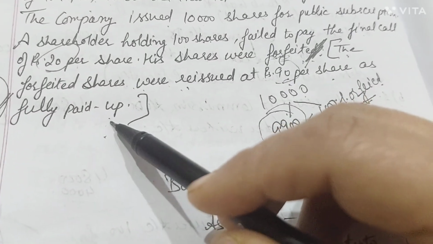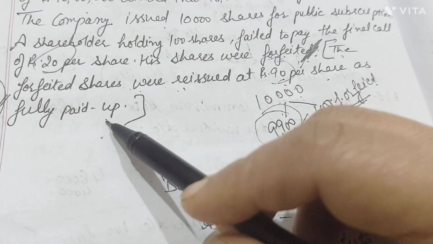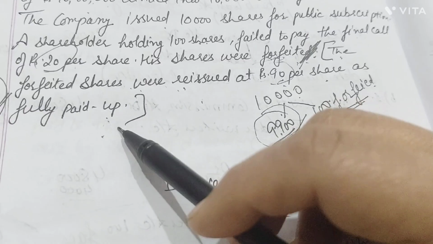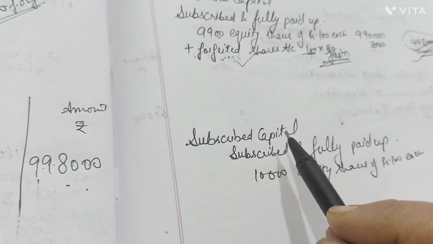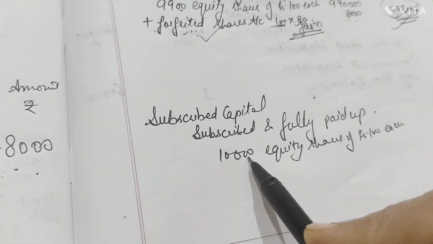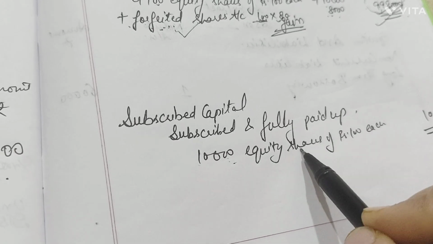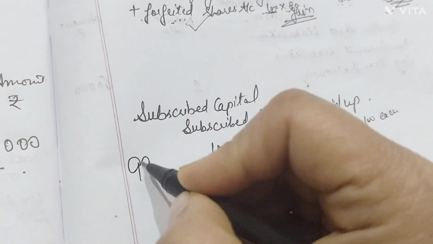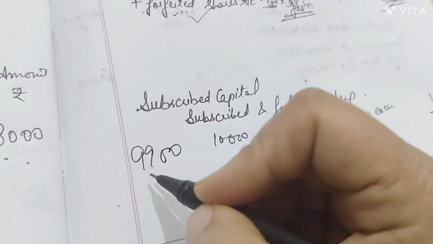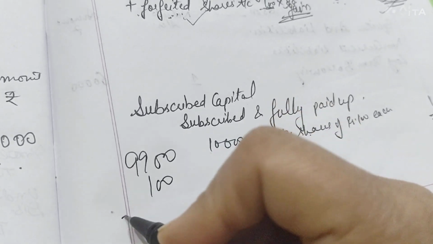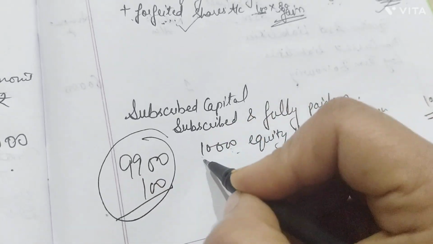So when the shares are resold and made fully paid up, under the head subscribed capital, we have a total of 10,000 shares with the general public. 9,900 shares were already with the general public, 100 shares were reissued, so the total remains 10,000.